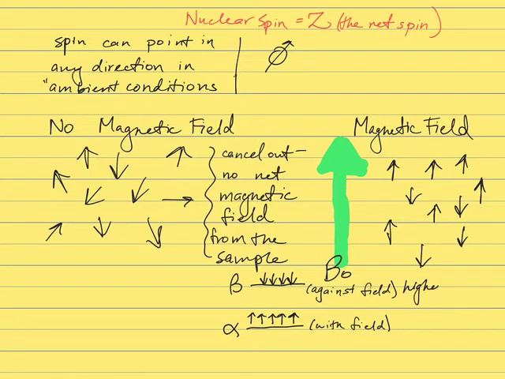So again, this is the higher energy against the field and the lower energy with the field. Before we put it into the magnetic field, when it wasn't in the magnetic field, so in the absence of B naught, the energy is going to be in between these two. All the spins have the same energy because they're not aligned with or against the external field. And then when you put them in the field, they break into these two different groups. And there is going to be an energy difference between alpha and beta.